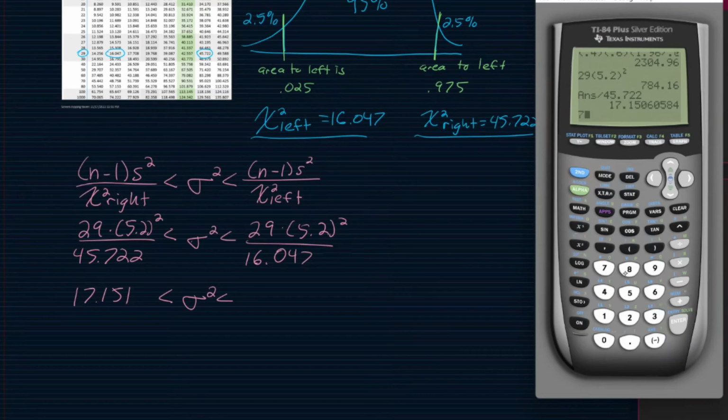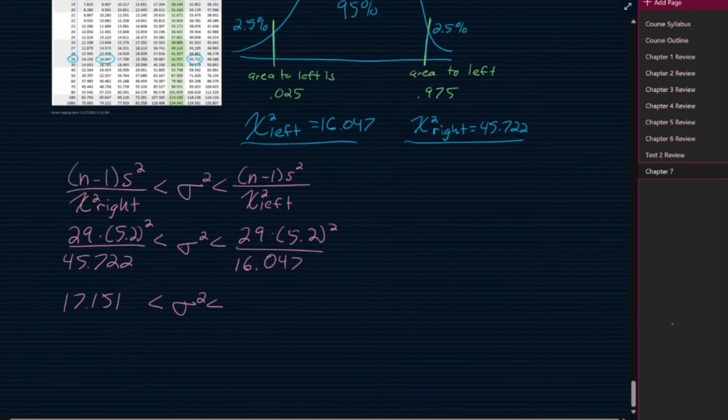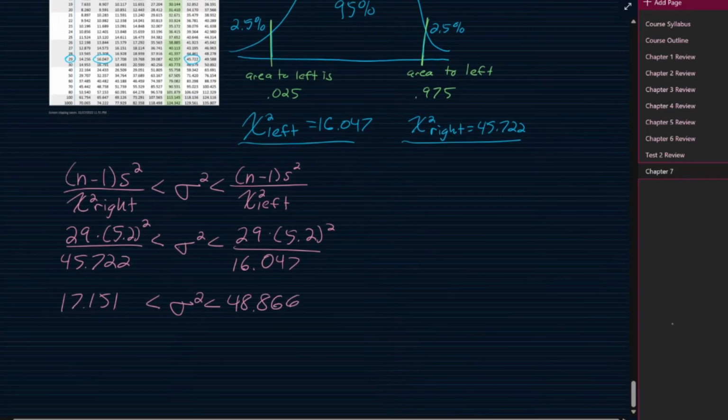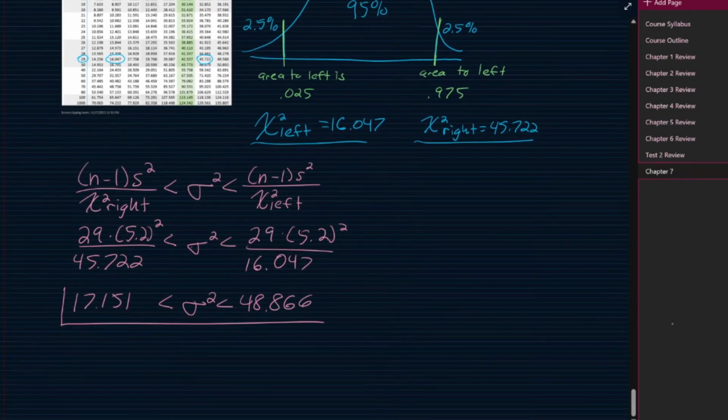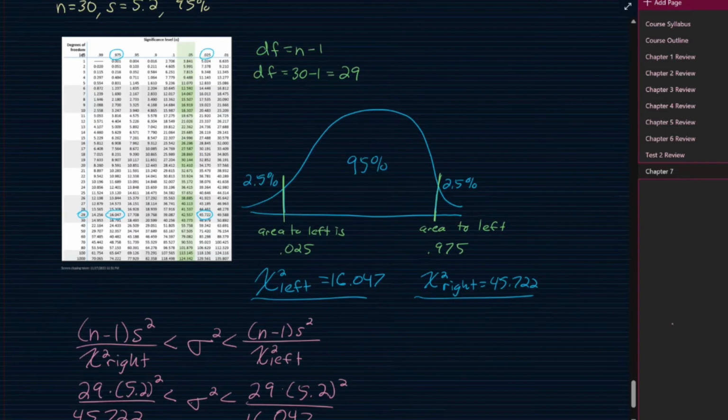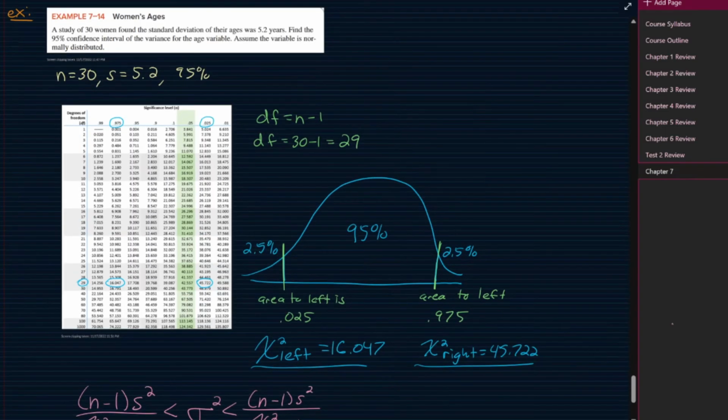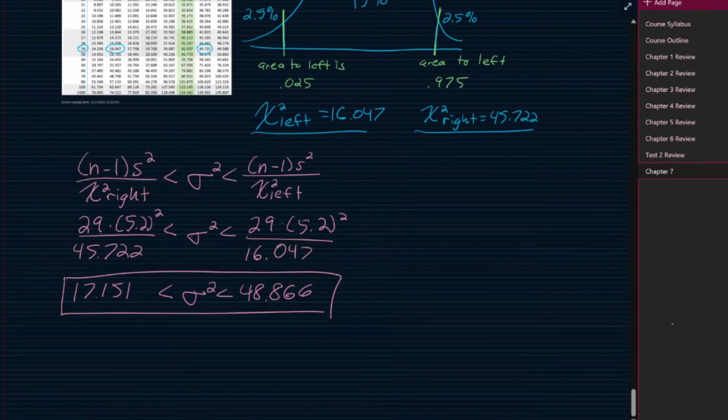And this time we've got to divide by 16.047. We end up getting 48.866. And that would be our 95% confidence interval for our variance. And of course, for the standard deviation, you just take the square root of each side.